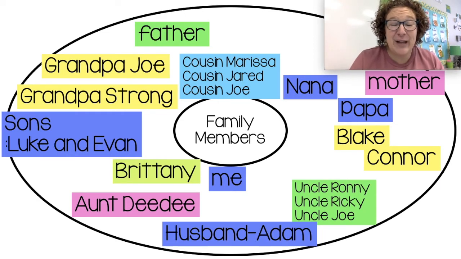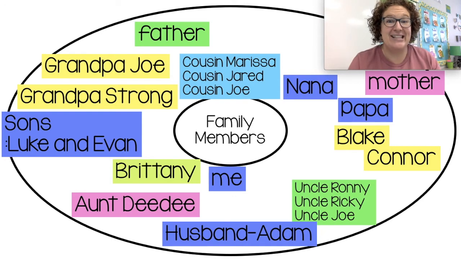And then I am so lucky because I have 3 uncles. I have Uncle Ronnie, Uncle Ricky, and Uncle Joe. And I have cousins too. So my cousins are Cousin Marissa, Jared, and Joe. You can tell that Joe is what we call it for short, but Joseph is a family name. So we have lots of Joes in my family.